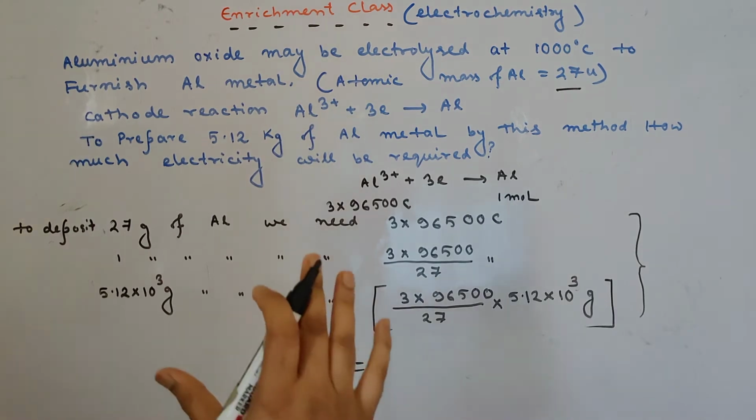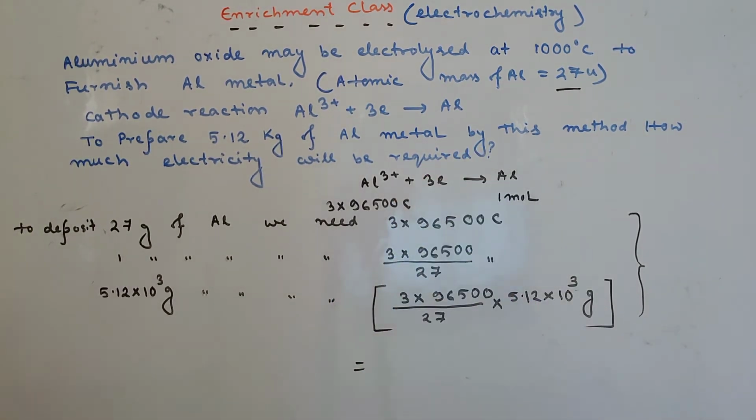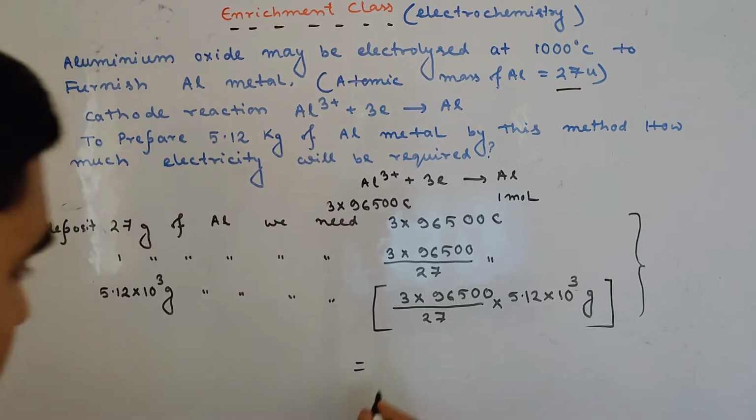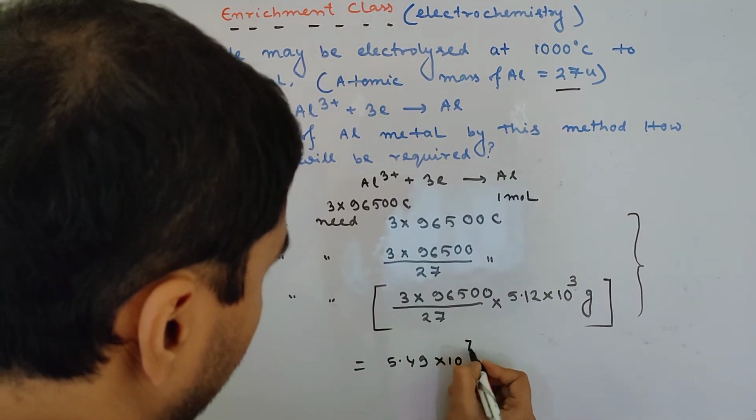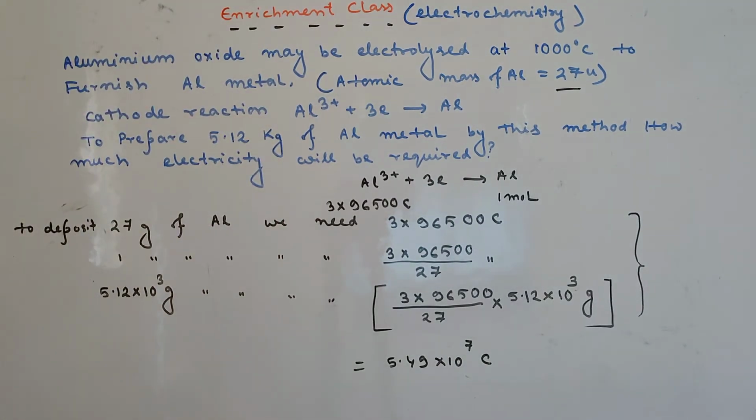This answer is just the outcome of that concept. The answer as per the book is 5.49 into 10 to the power 7 coulomb. Anyway, simple problem. I hope all of you have understood. Let us proceed for the next one.